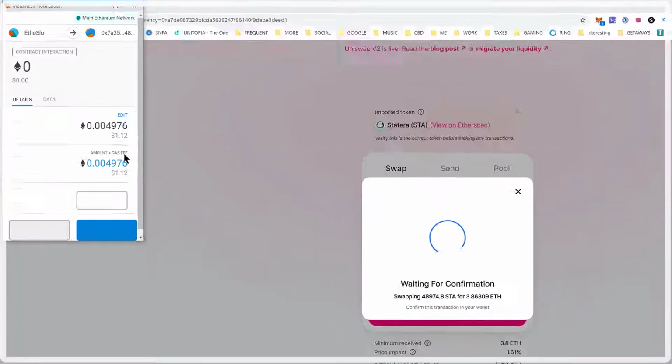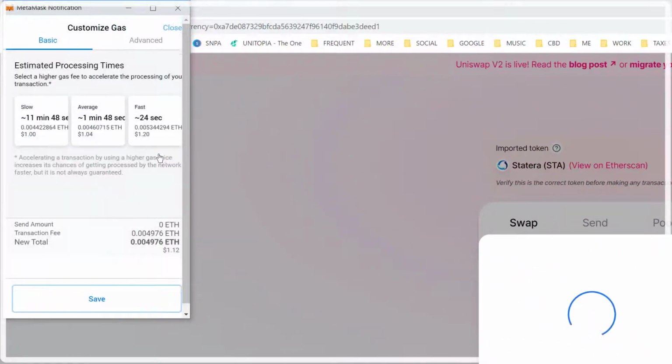Smart contract pops up, and this is where I could adjust the gas. So gas right now is not too bad. I've been seeing $3 and $4 transactions. So if I wanted this to go through fast, which I normally do because I want to be warm and fuzzy and sleep at night that my transaction went through, I would change the gas to fast.